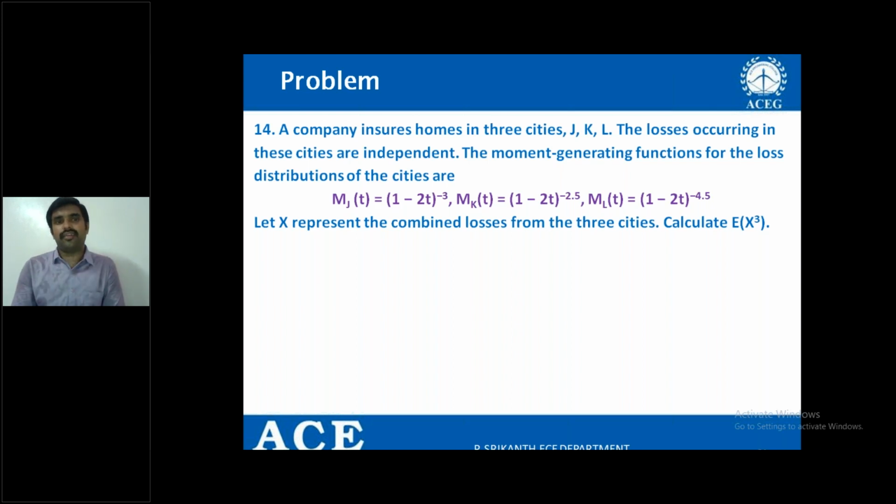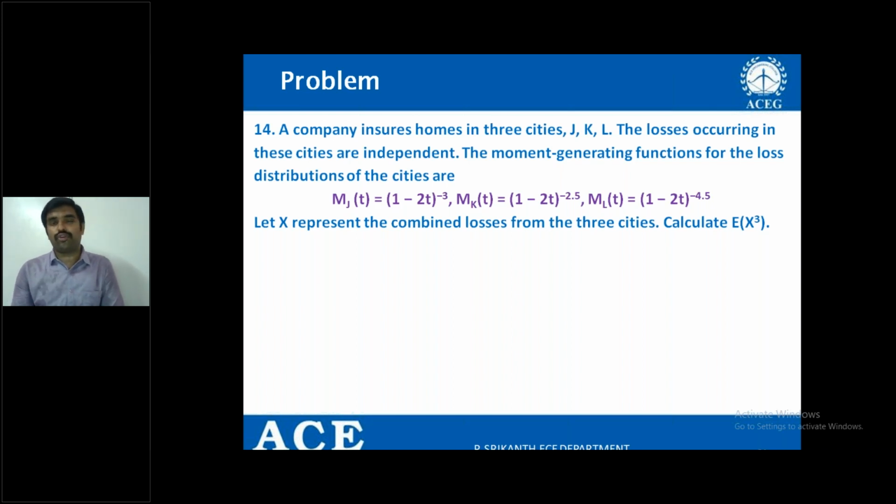If I take the loss for Jaipur as J, Kolkata as K, and Lucknow as L, can I say the combined loss X equals J plus K plus L? Here you are supposed to find, if X represents the combined loss of the three cities, the expectation of X cube.